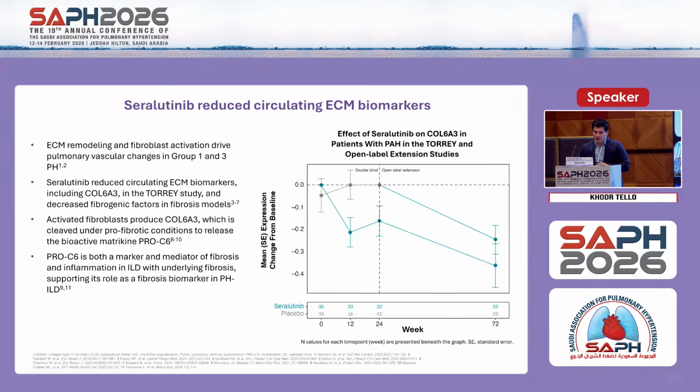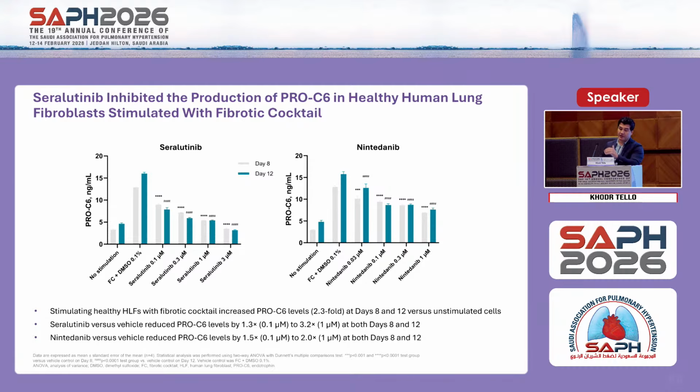And what was also interesting, based on the TORREY study, Olivier will tell you more about this TORREY study, is that seralutinib, from the samples from the open label extension, reduced the circulating ECM biomarkers, including COL6A3, and we know that COL6A3 is cleaved under profibrotic conditions to release ProC6, and also the production of ProC6 in healthy human lung fibroblasts was inhibited.